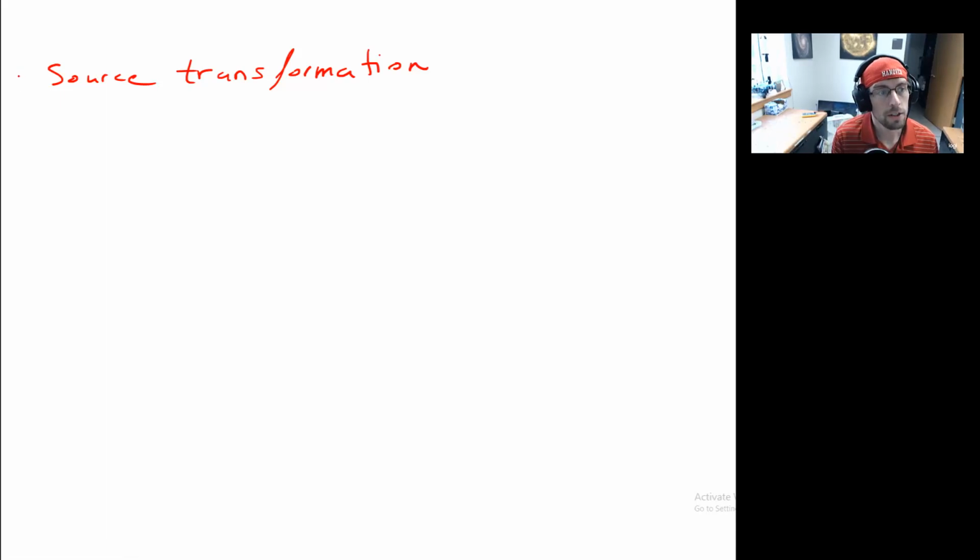This is actually skipping back a little bit to chapter 2, and the reason I present it in this order is because I feel like this topic of source transformation goes better preceding our discussion of Thevenin and Norton circuits. So that's really why I've decided to cover source transformation at this point in time.